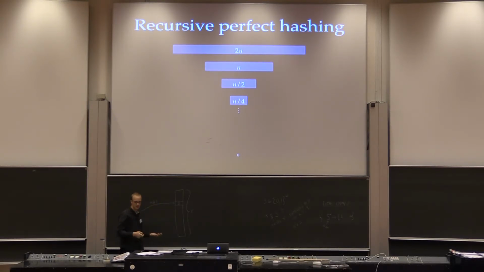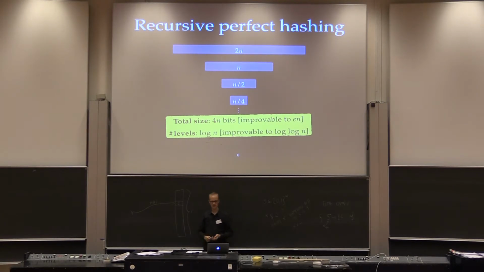Otherwise, if there's a 0, we go on to the next one and evaluate a second 2-independent hash function. If we find a 1 down here, we have a hash value. Well, somehow we need to concatenate all these ranges, right? So we're going to end up with a range of 4n, and that's actually also going to be the space.